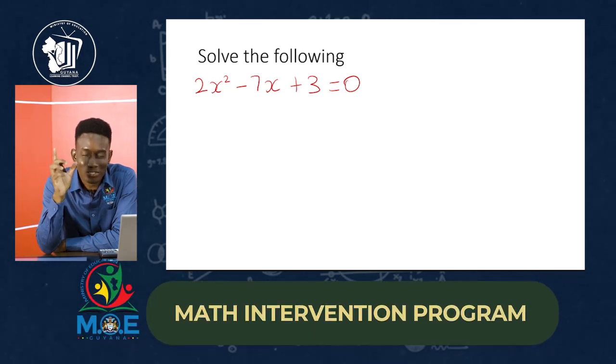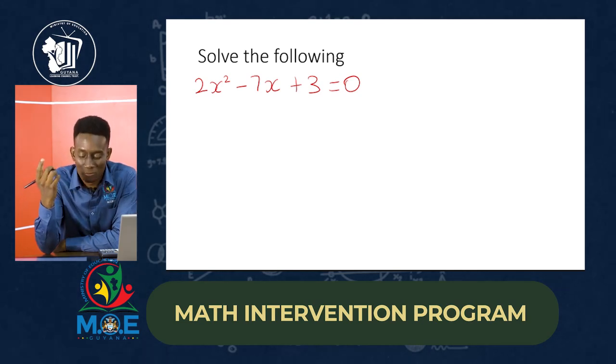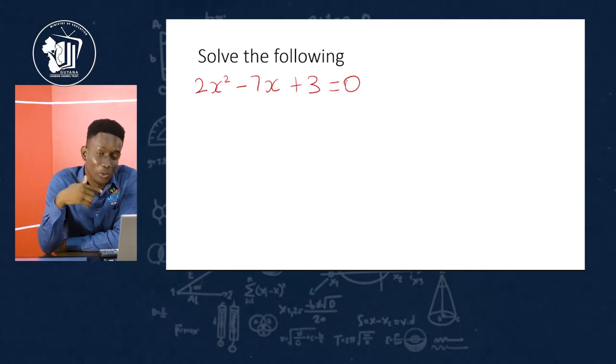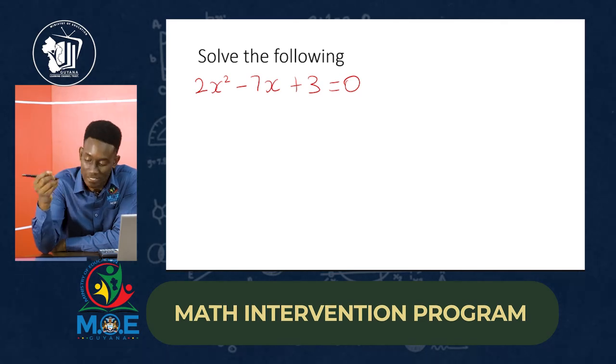To solve this, we are doing something that we are already familiar with. The first step is to factorize this quadratic, and we'll factorize it using the AC method that we learned previously. So the first thing is that we identify the values of a, b, and c.